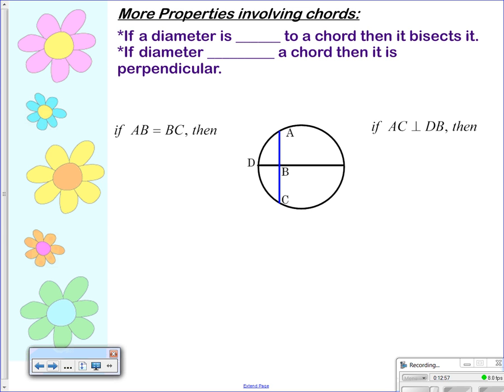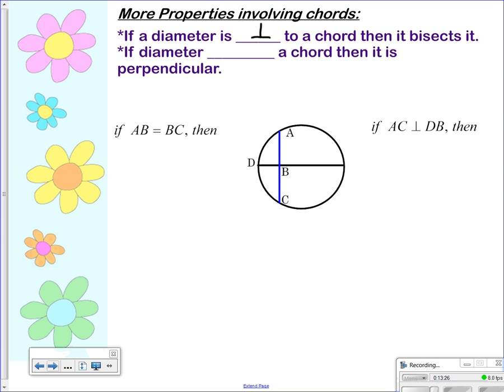So I'm going to put in that symbol for perpendicular, which kind of looks like that upside down T. If you need to write in parentheses next to it that means perpendicular, that's not a bad idea. So if a diameter is perpendicular to a chord, then it bisects it. And what does bisect mean? Cuts it in half. And it makes a 90-degree angle. That's what it means for it to be perpendicular. Good.